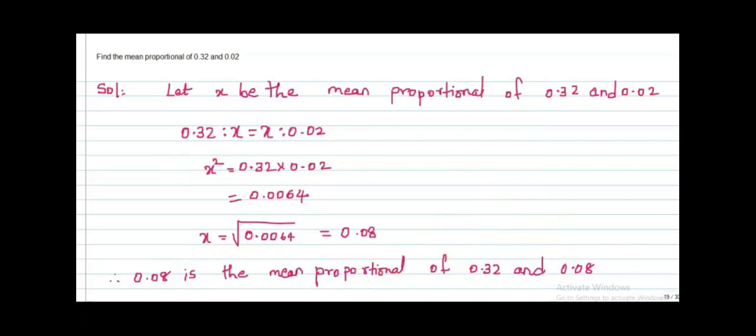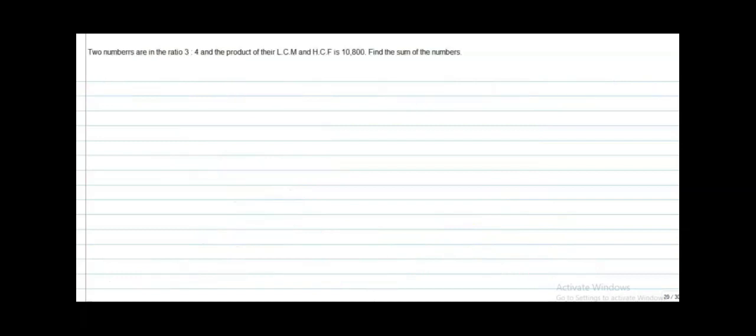So now we move on to the next question. Two numbers are in the ratio 3:4 and the product of their LCM and HCF is 10,800. Find the sum of the numbers. It's given that the numbers are in the ratio 3:4.